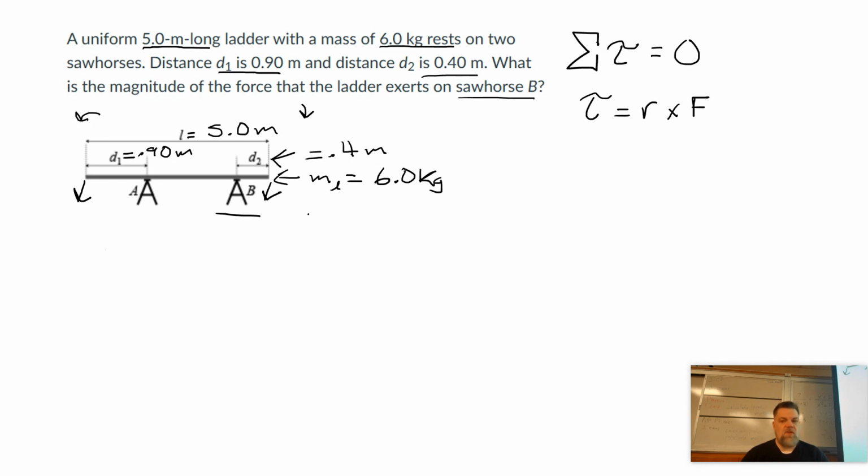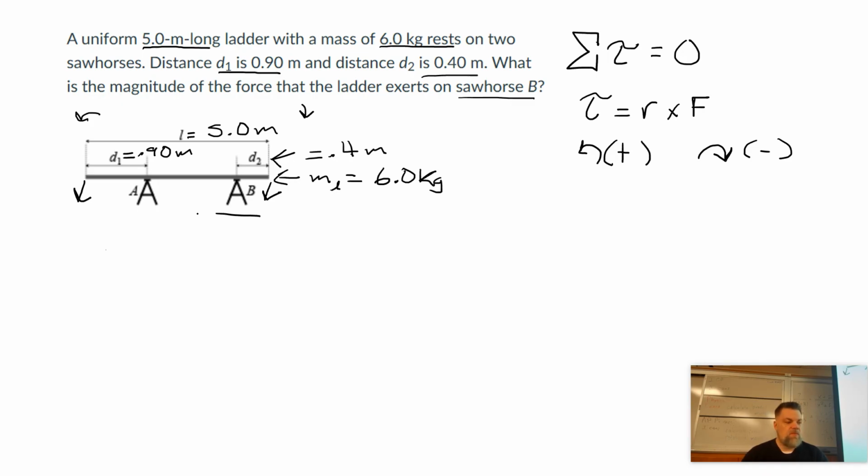And also, if you have a counterclockwise, that's a positive torque. And if you have a clockwise, that's a negative torque. That's important because this one coming down this way can be positive or negative, and this one coming down this way can be positive or negative. Okay?